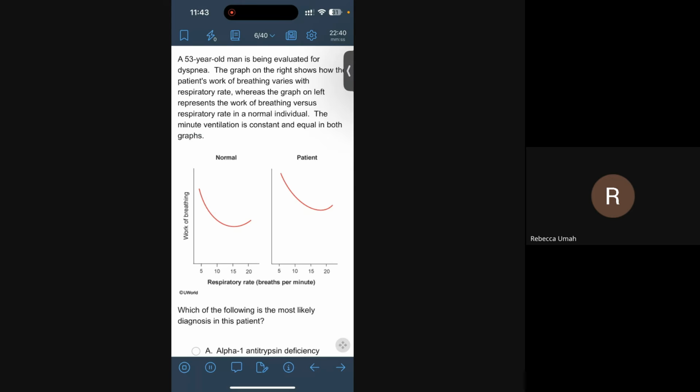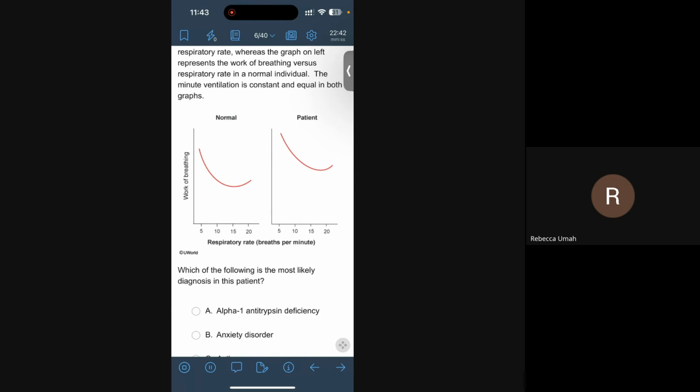Can anyone explain what is happening here? In the patient, the work of breathing is increased as well as the respiratory rate is also increased.